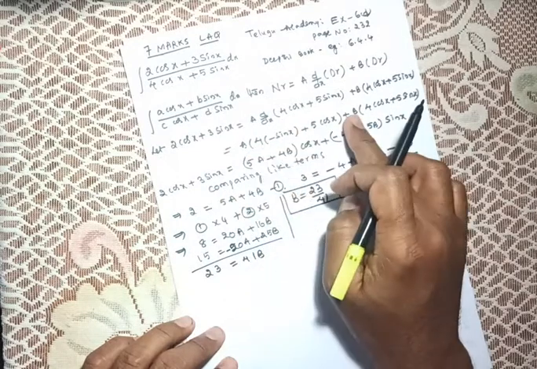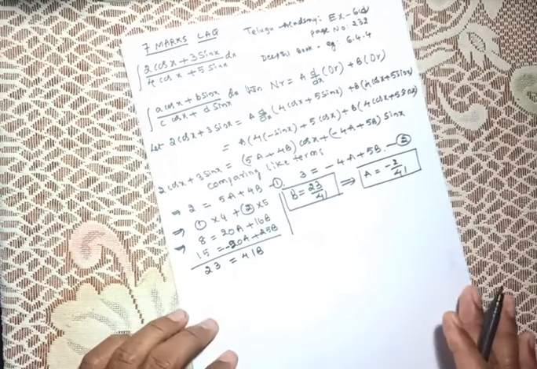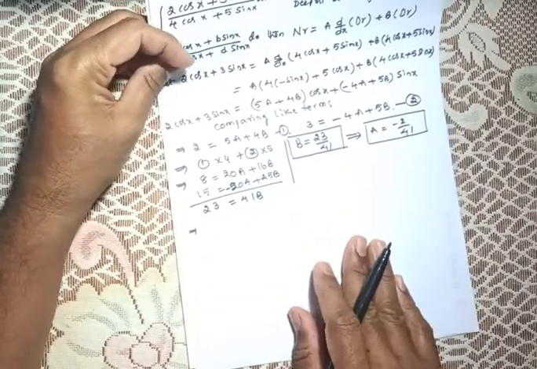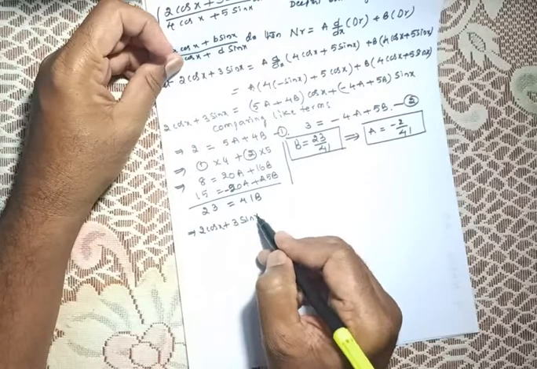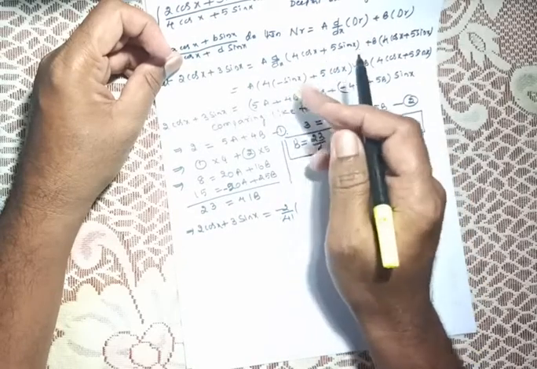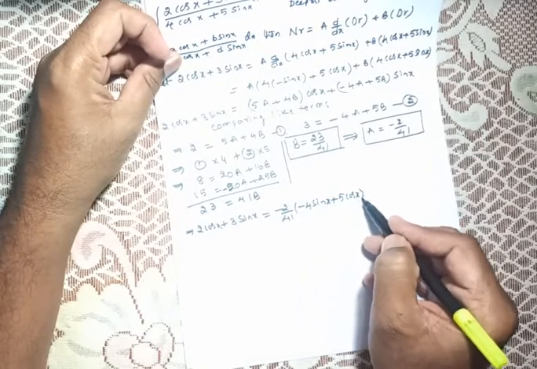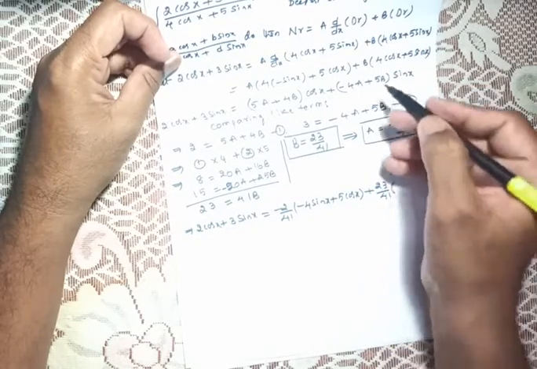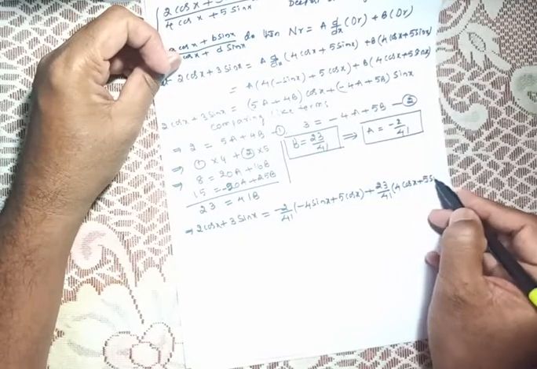So the numerator 2 cos x + 3 sin x is equal to, with a = minus 2/41, minus 2/41 times (minus 4 sin x + 5 cos x), and with b = 23/41, plus 23/41 times (4 cos x + 5 sin x).